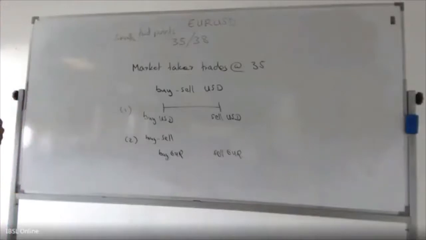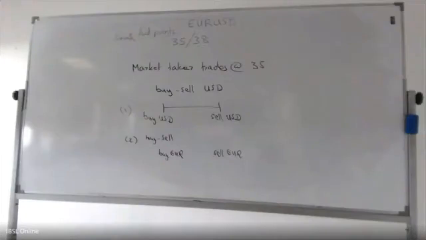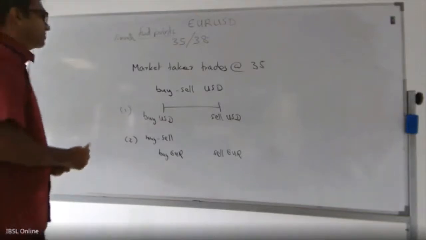Second one. Why? Because a market taker always buys at a lower price and sells at a higher price. So you trade at this 35.